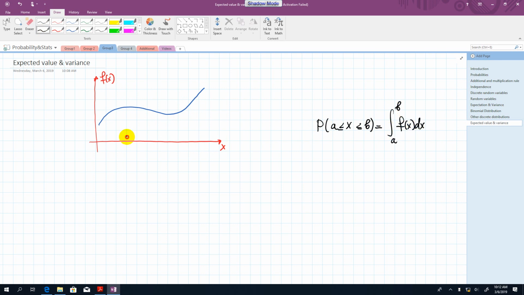So basically now the probability will be the area under this function. Previously in a discrete case, if I would like to find a probability or the sum of the probabilities, I need to find the points, right? The values of the functions. So now I cannot just take the values of the functions in order to find the probability. I need to find the area under this function, right?